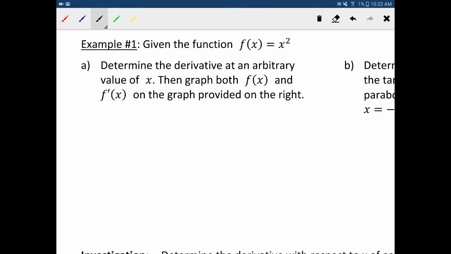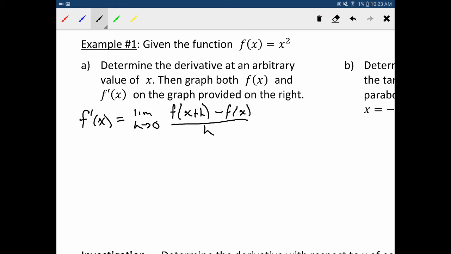So f prime of x is equal to the limit as h approaches 0 of f of x plus h minus f of x, all over h. So I'm going to sub in the actual x squared, and we've got the limit still. Remember, you have to write this until you're ready to actually calculate it.